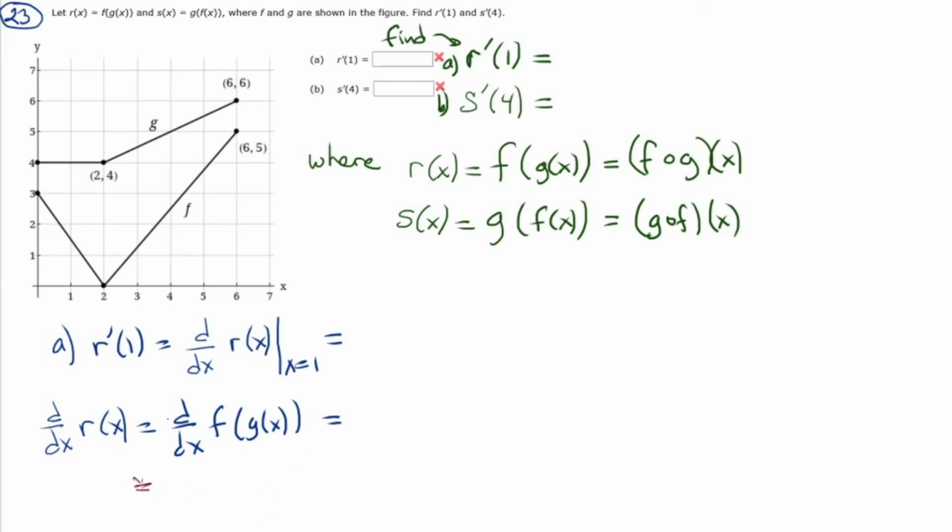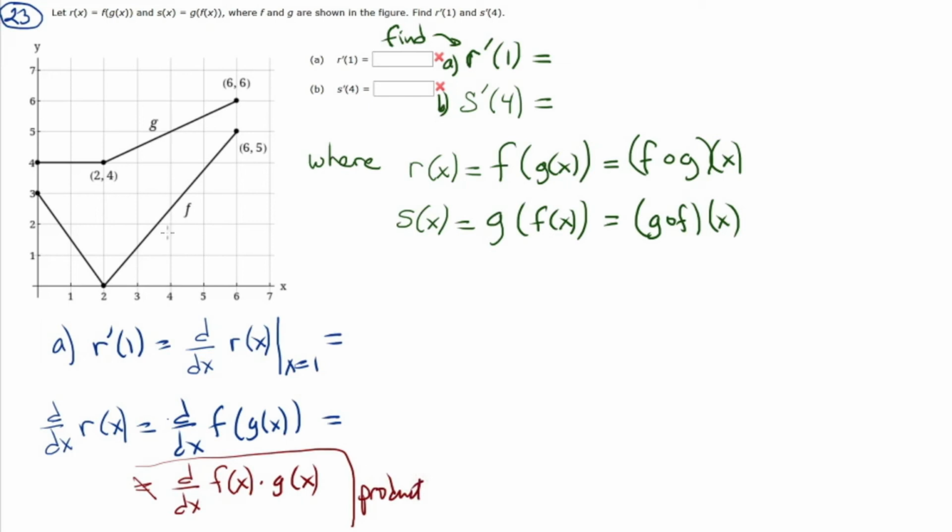And just to remind you, if I wanted the product rule, I would write this as f of x times g of x. Do you see the difference? This is not f times g of x. It's f of g of x, which is not f of x times g of x. So don't get confused with the product rule here.